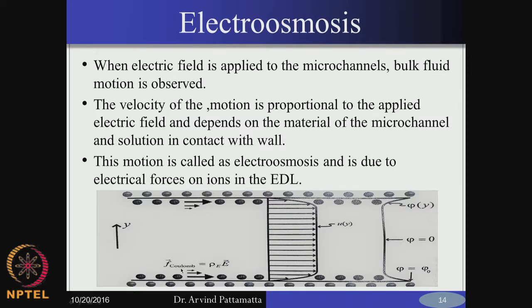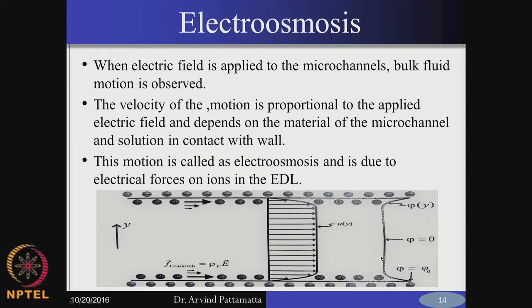So, you have the electrostatic potential like this. You have a variation up to the Debye length, beyond which the excess potential value becomes 0, and it is symmetric. This is a case of flow between two parallel plates, so you will have a symmetric distribution about the center line for the electrostatic potential.